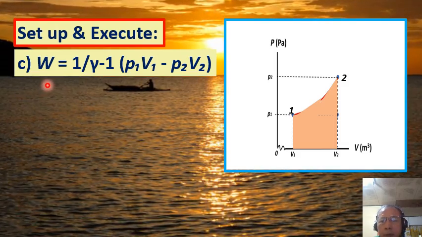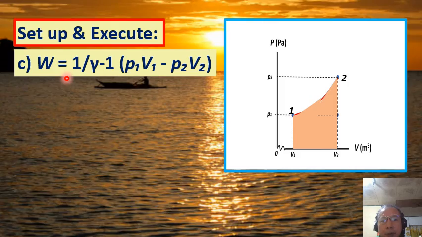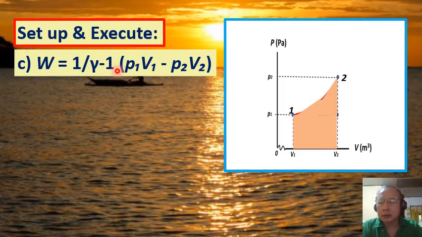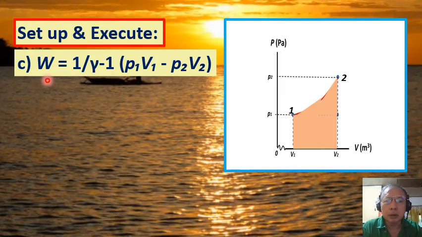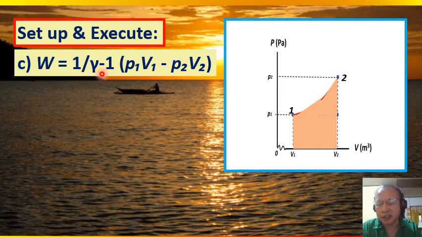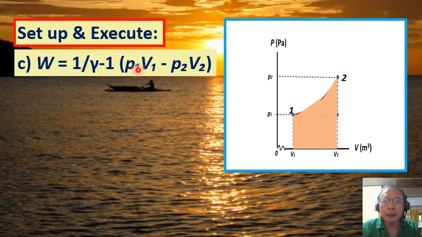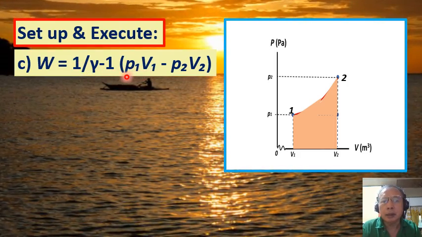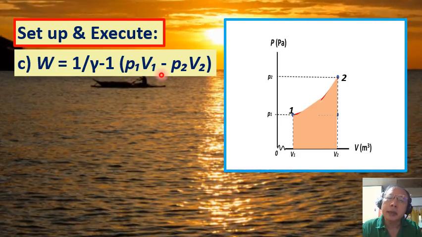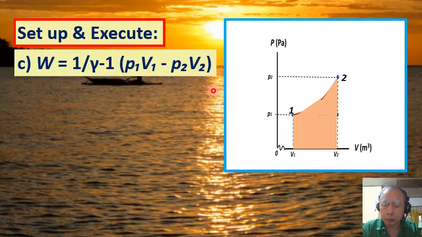The work done by the gas, denoted by capital W, can be computed using this derived equation. So W is just equal to the product of the reciprocal of gamma minus 1 and the difference between P1 V1 and P2 V2.